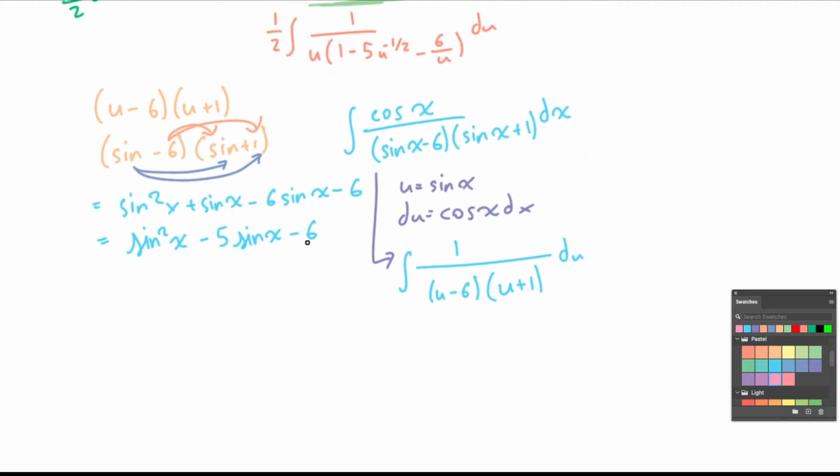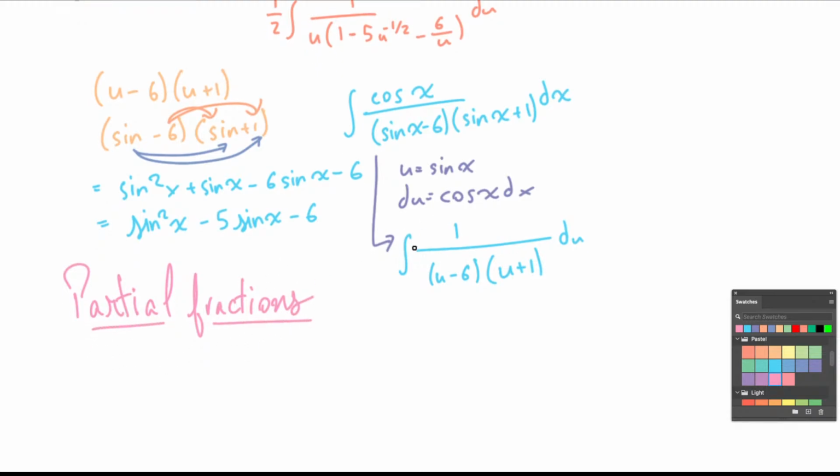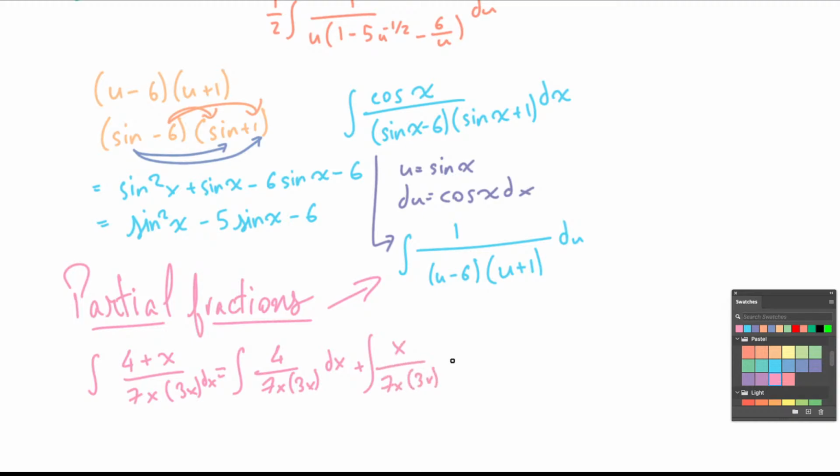Now, for those of you who don't know, partial fractions are used when you have a situation like this, where we know through the rules of integration that the integral of 4 plus x over 7x times 3x is equal to the integral of 4 over 7x times 3x dx plus the integral of x over 7x times 3x dx.